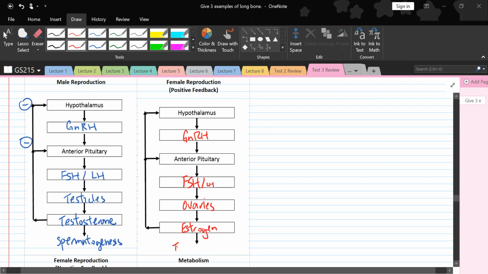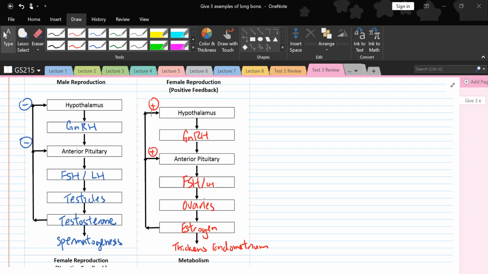So that would lead to the thickening of the endometrium. At the same time, it will go back and encourage the hypothalamus and AP to release more hormone. So that would be an example of positive feedback. So that is that.